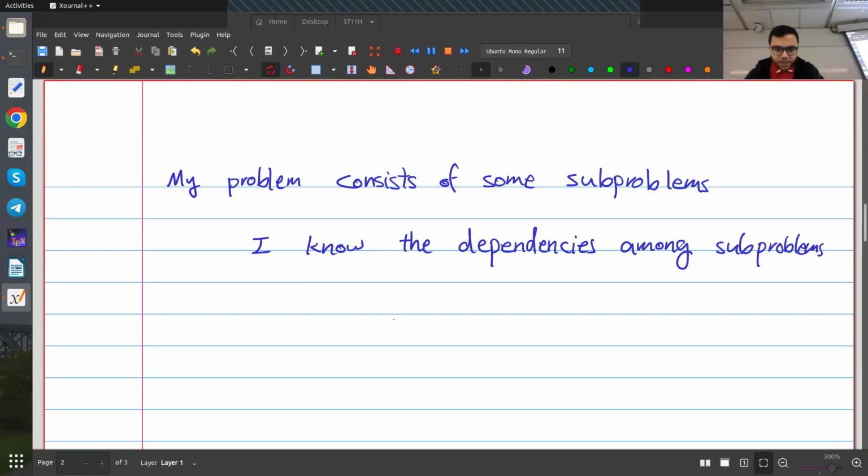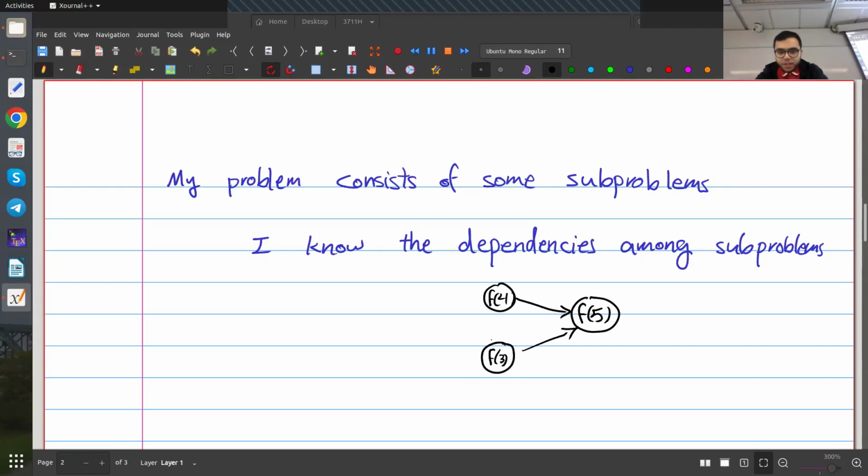So here's the thing again. If I want to consider, for example, my subproblems here, suppose I want to calculate f of 5, right? F of 5 depends on f of 4 and f of 3. So I can say that I have this kind of dependency in my subproblems.